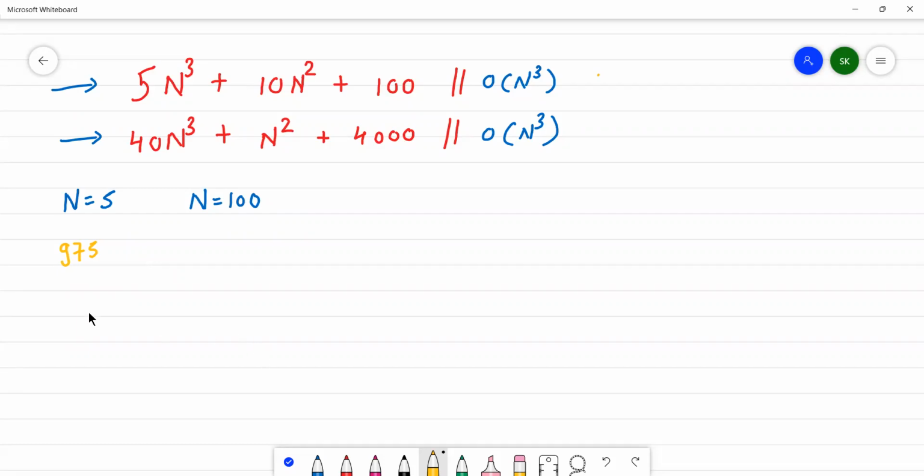Okay. For the second one, you are getting 5025. For n equals to 100, first equation, you are getting 5100100.